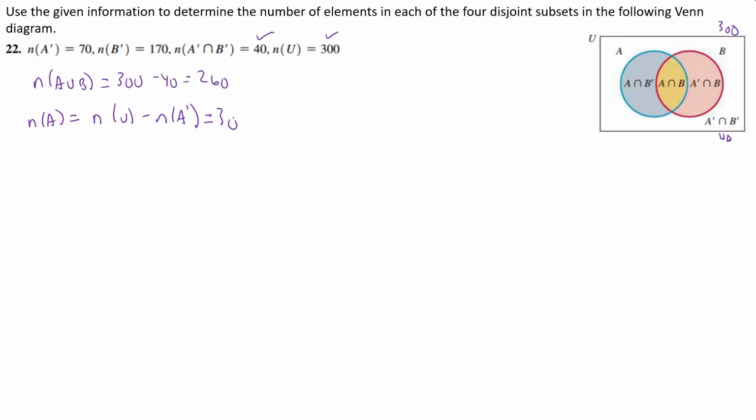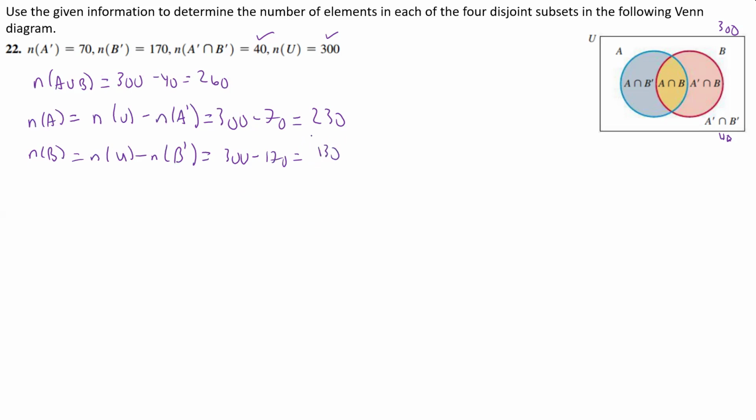So that's going to be what? 300 minus 70, which is 230. And then we also need the number in B. Well, that's the number in U minus the number in B complement, which is 300 minus 170. And that's going to give us 130.